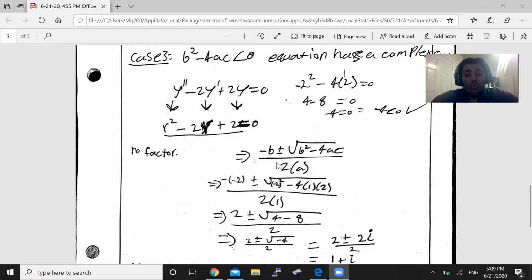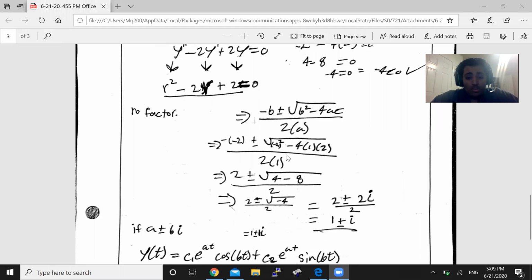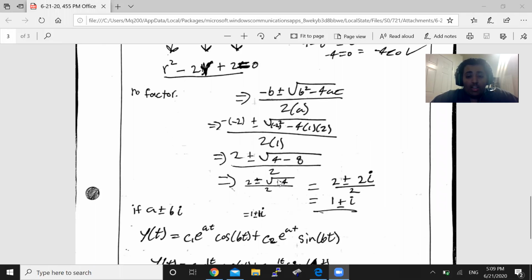When I put it in the quadratic formula, I got a square root of -4. When you take the square root of a negative, you get an i, an imaginary number. So I got 2 plus or minus 2i over 2. Just divide that, and I got 1 plus or minus i.